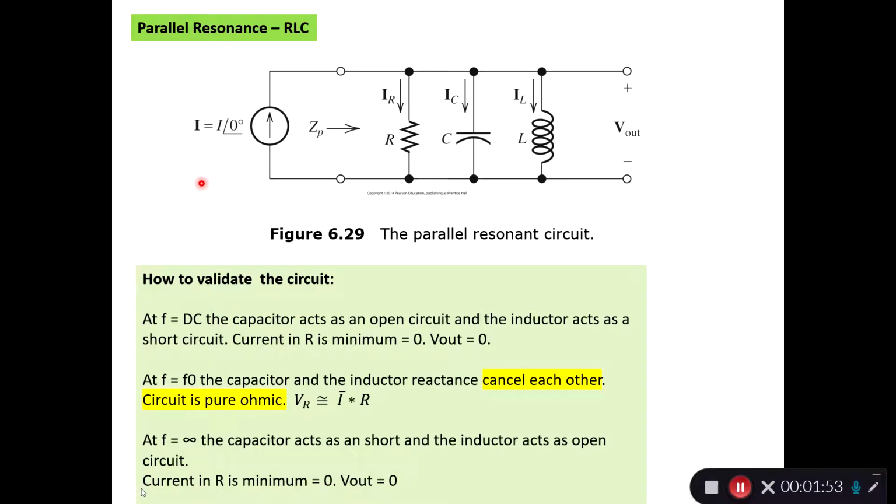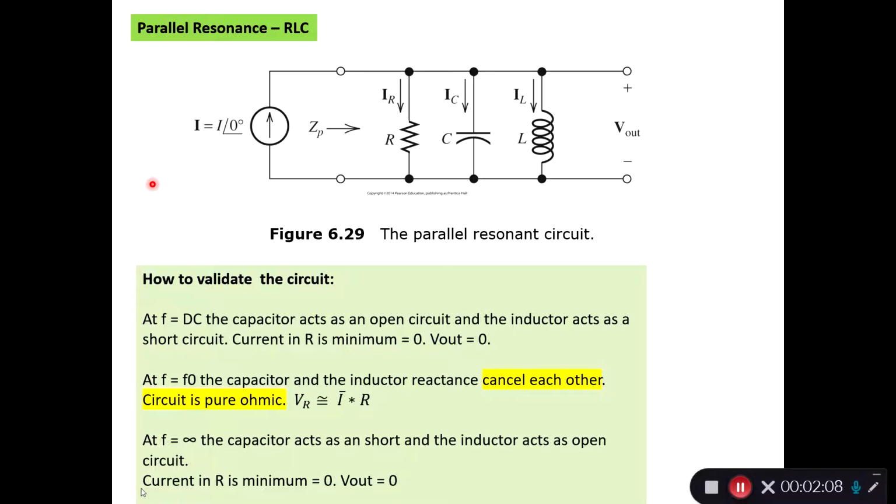In order to validate the circuit, we use, as always, the DC frequency, 0 Hz, the resonance frequency, and a frequency that's infinite.